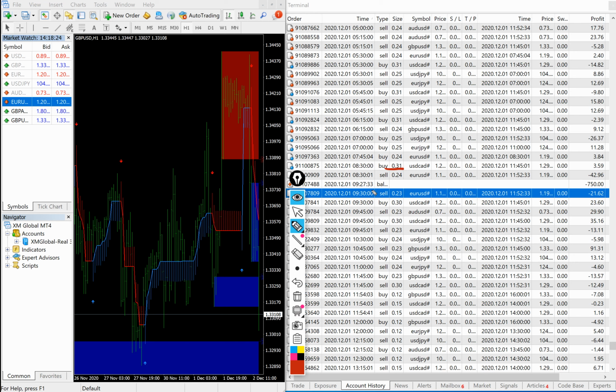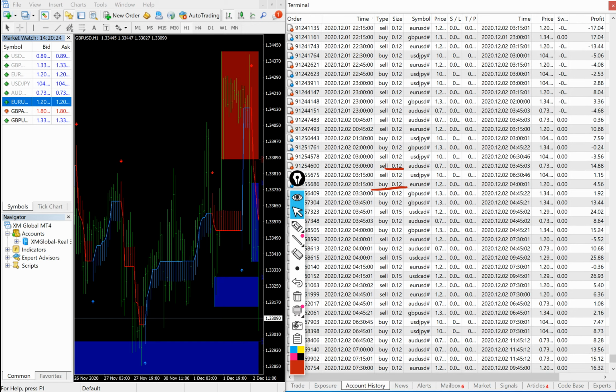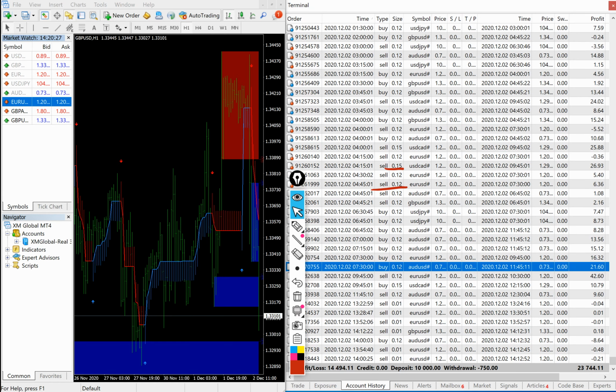Later we did the withdrawal, so the lot size decreased automatically, and then the lot size again decreased to 0.12, just because there were some losses in the account. So as I have told, with profit the trading lot size increases, and with losses it decreases on this account.